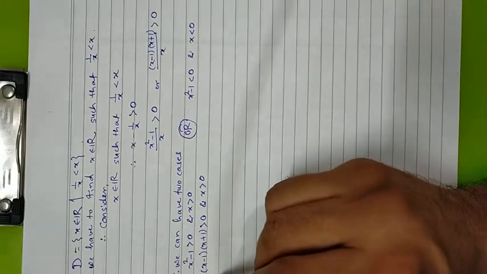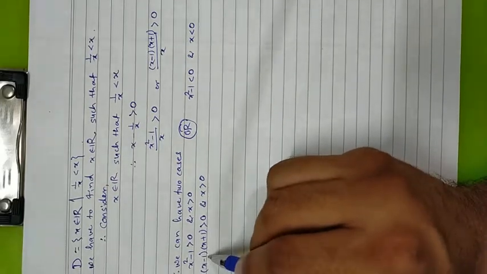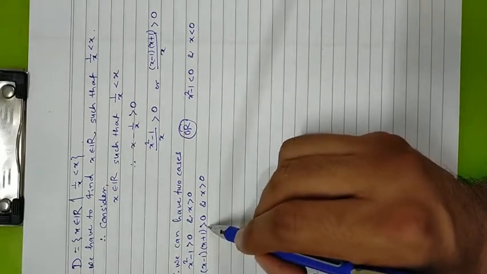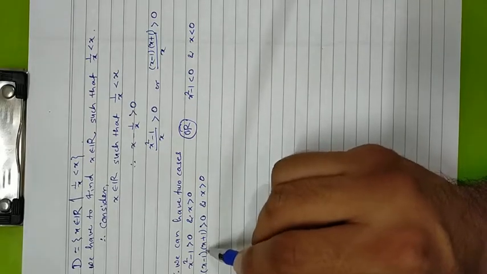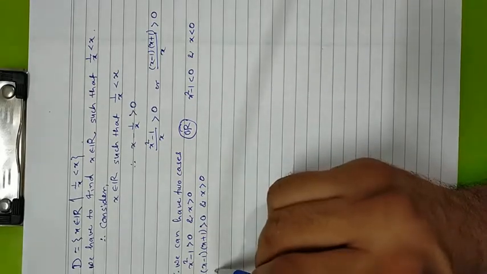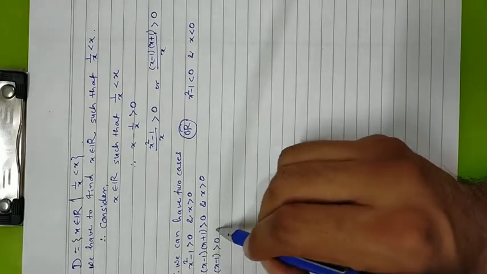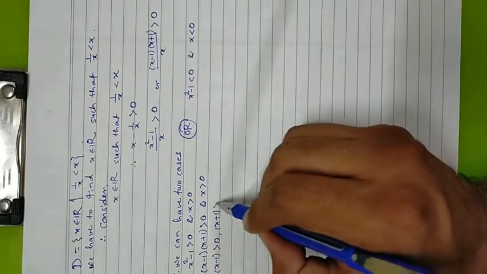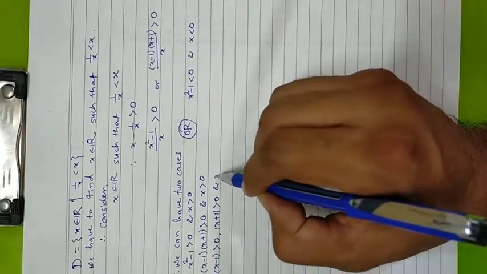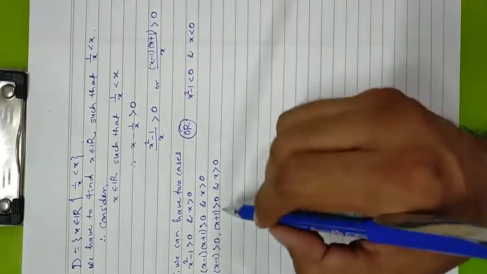So therefore this product is positive. That means both the quantities can be positive or both the quantities can be negative. So let us have both the possibilities. So x minus 1 is positive, x plus 1 is positive, and x is greater than 0.